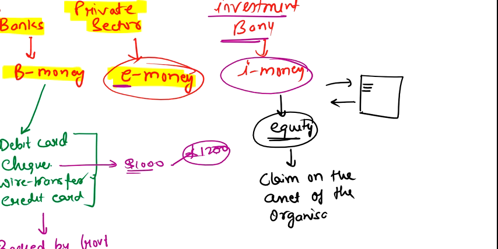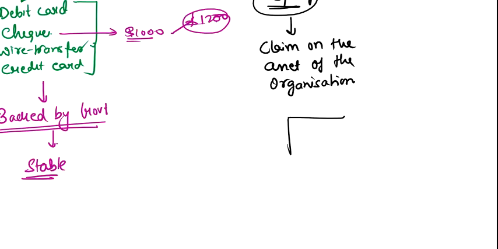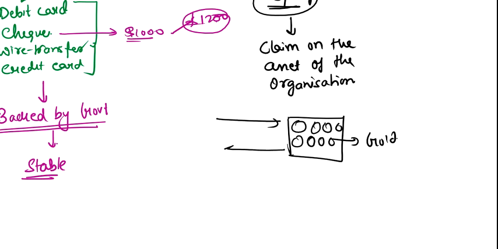Suppose I give you an example that there is an ETF fund which invests in gold. Okay, so that ETF fund purchases the gold bars. Clear? You give them money, they will give you what? Units. Okay, you give them money, say they give you 100 units. That 100 units is equivalent to say $5,000. Clear?